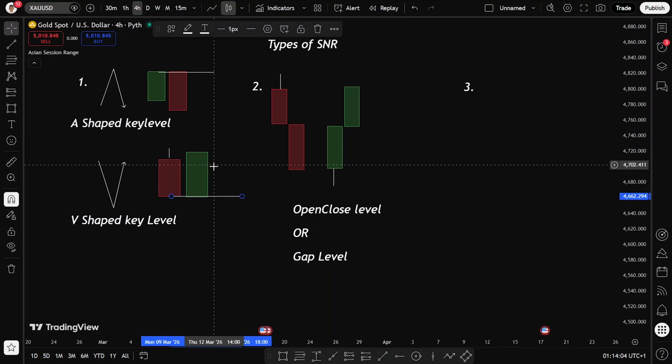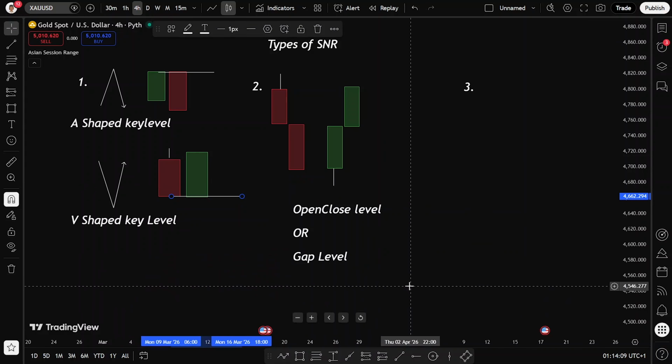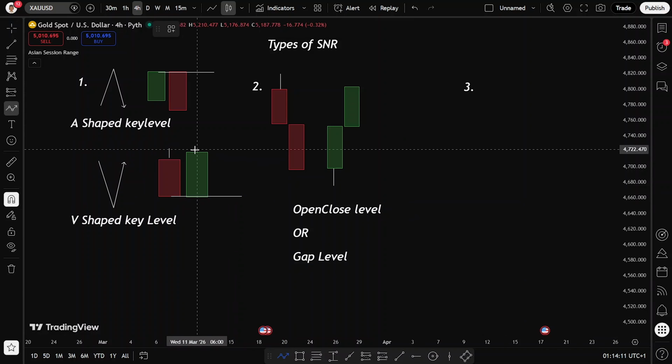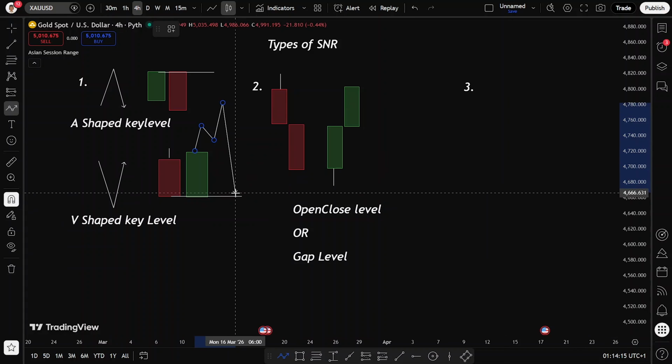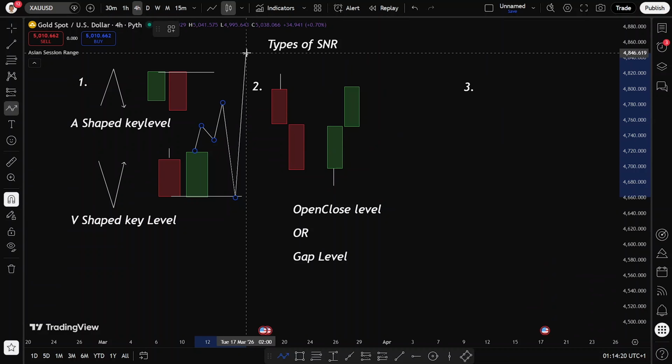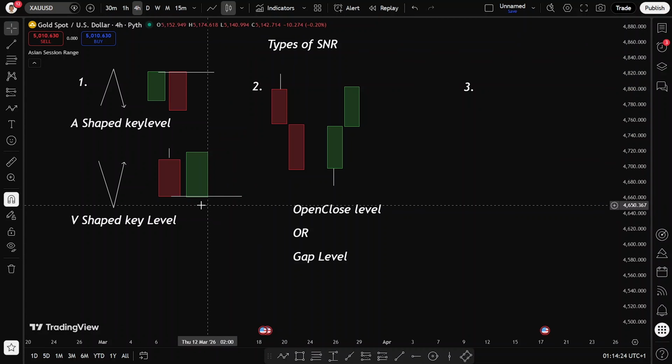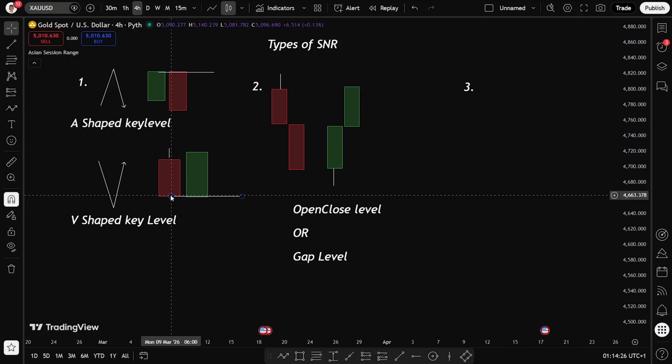So if price goes up, continues going up, and then comes down to this level, we expect price to tap into this level, then continue pushing up. That's what we call a support, because buyers are present there. And we mark the closing of the bearish candle.